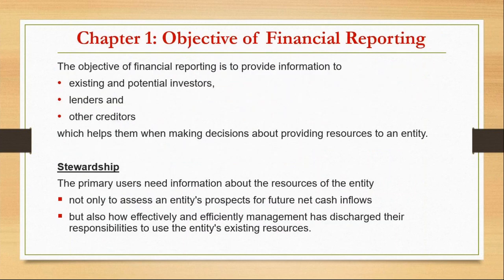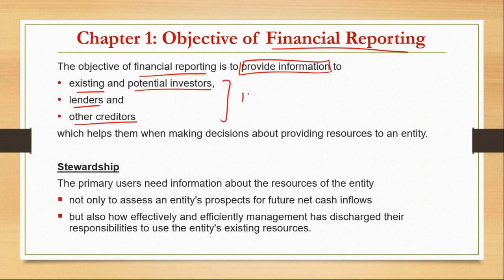So now if we start from the objective of financial reporting, the objective of financial reporting is to provide information to the existing and potential investors, to the lenders, and to the other creditors. These are called the key stakeholders, the key users of the financial statements.